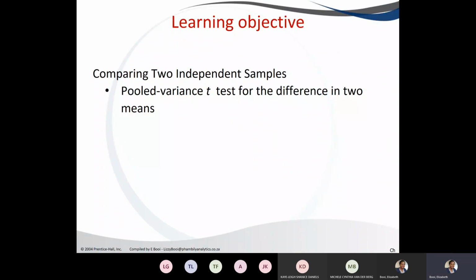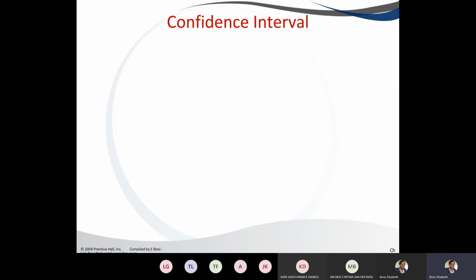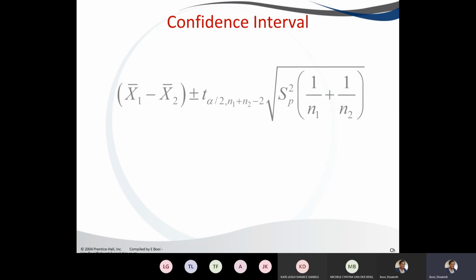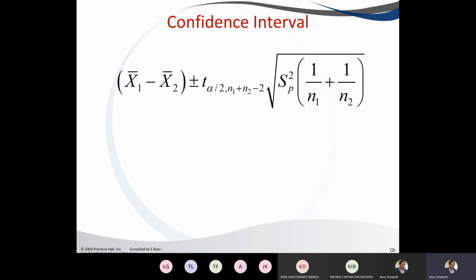So let's look at when we have the difference of two means and we calculate the confidence intervals. Calculating the confidence interval, we're still going to apply the same method that we used, like calculating the pooled variance. So you must make sure that you write your formulas correctly.